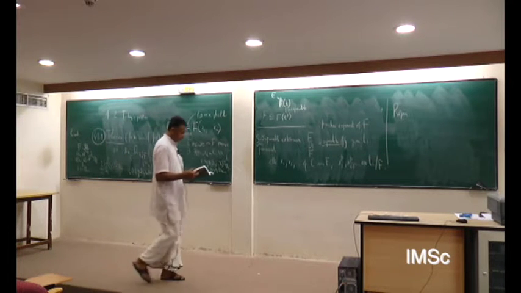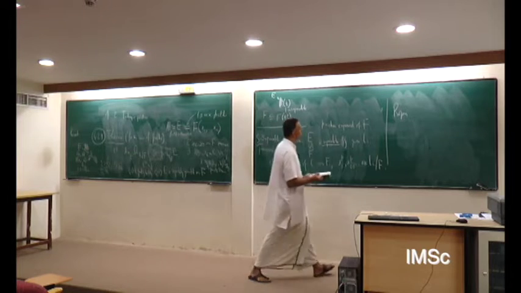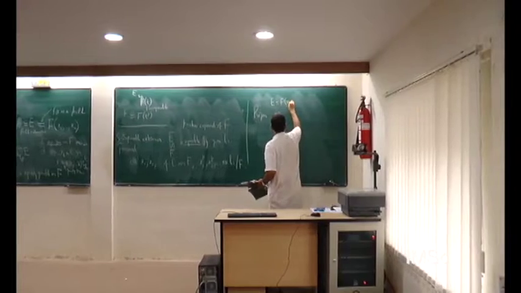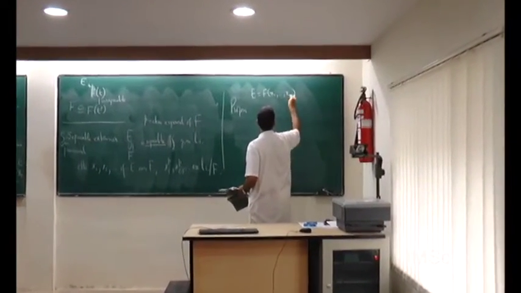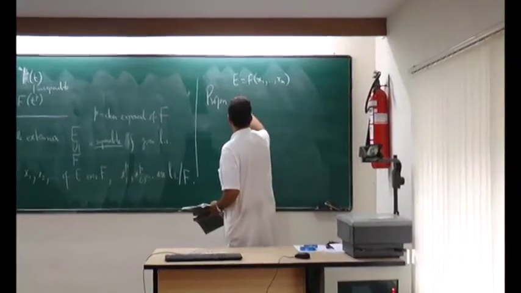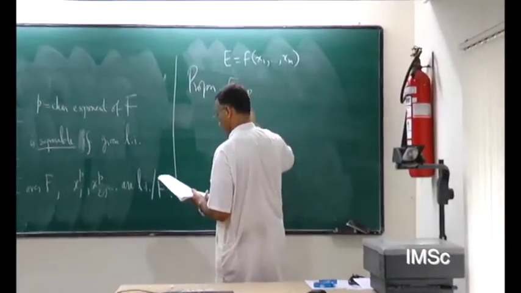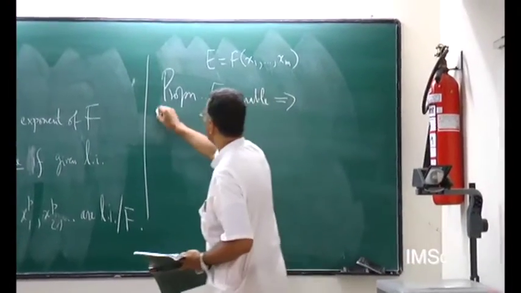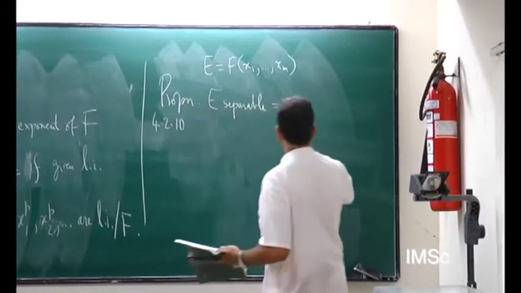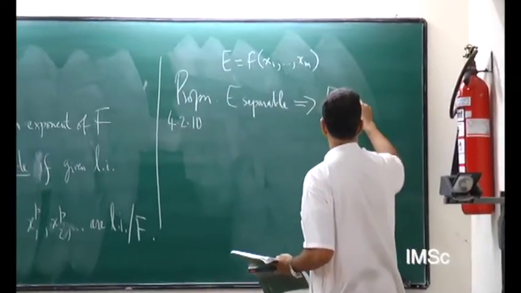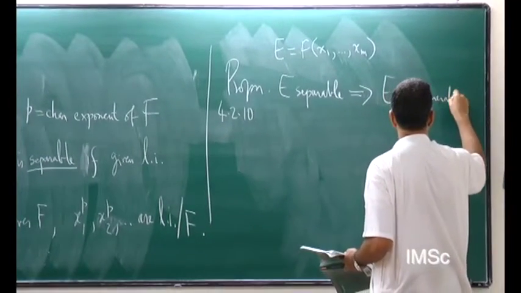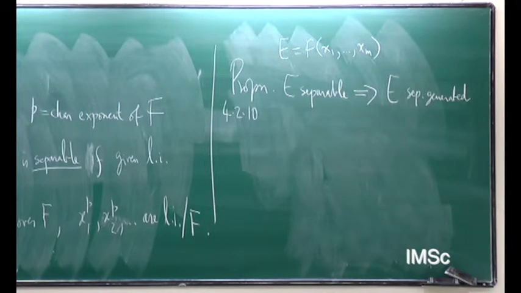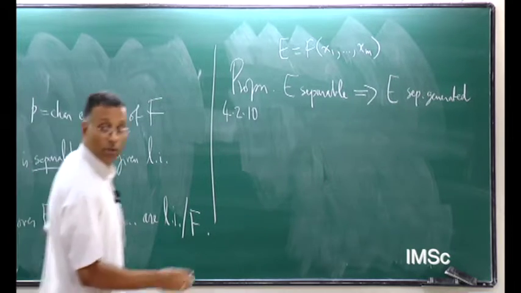Now this one, so E is equal to F, so let me put this, E is separable implies, this is 4.2.10, E separably generated. This is the proposition.